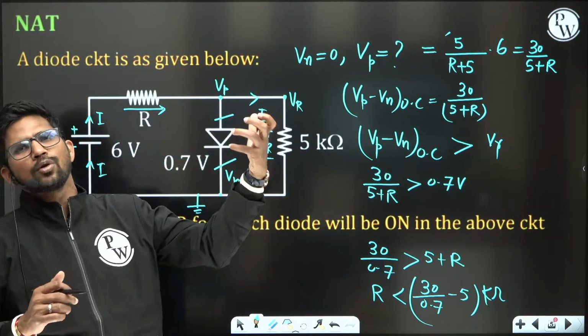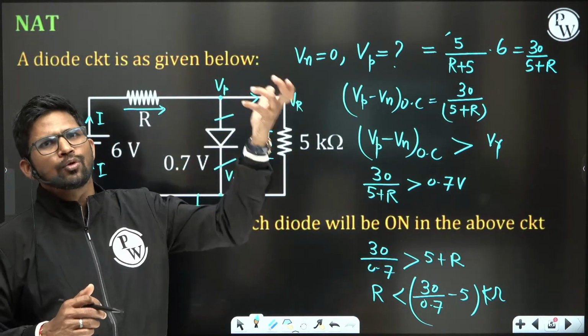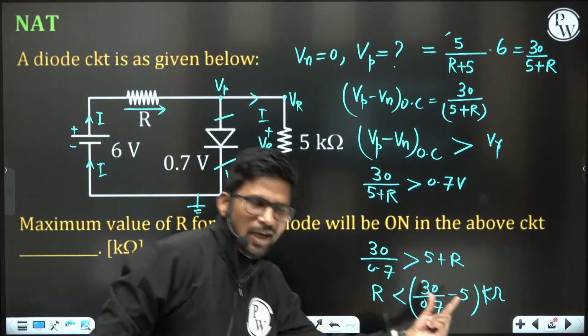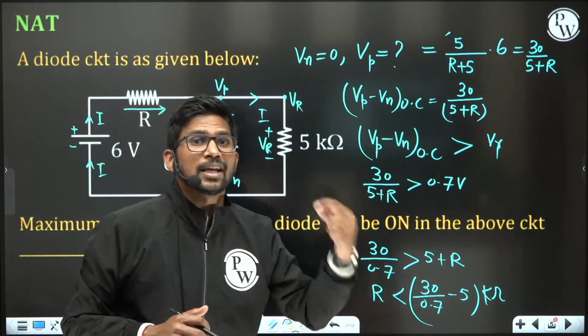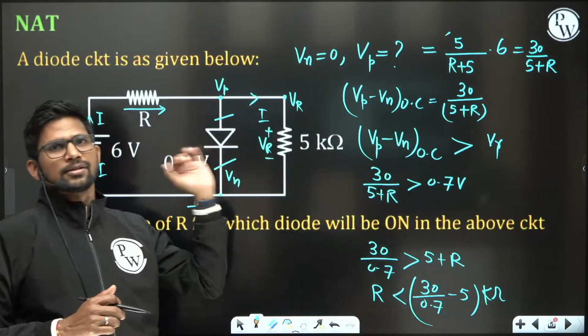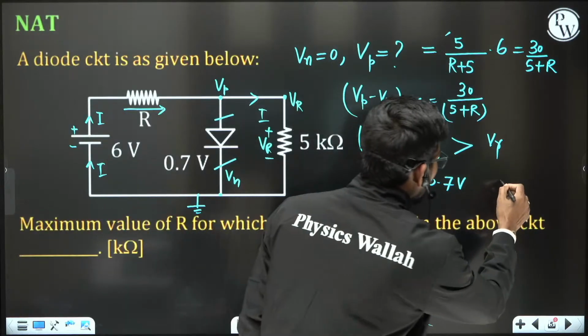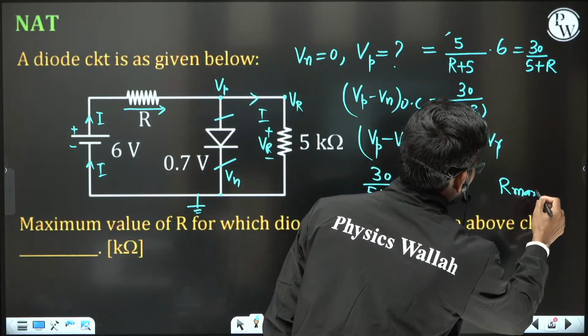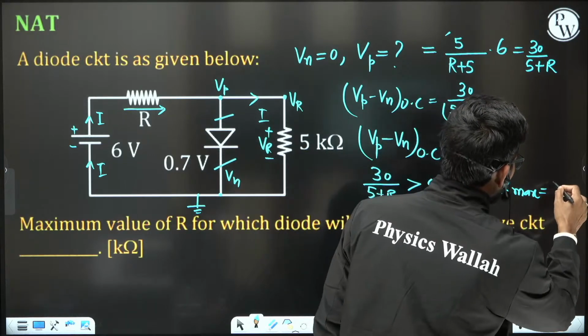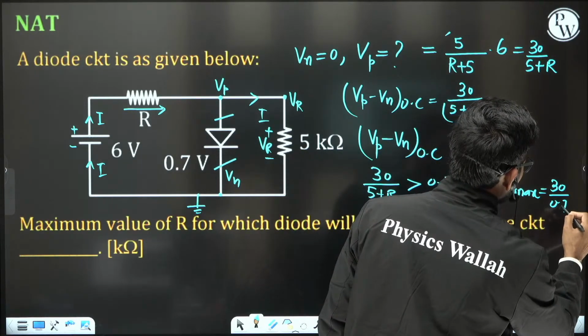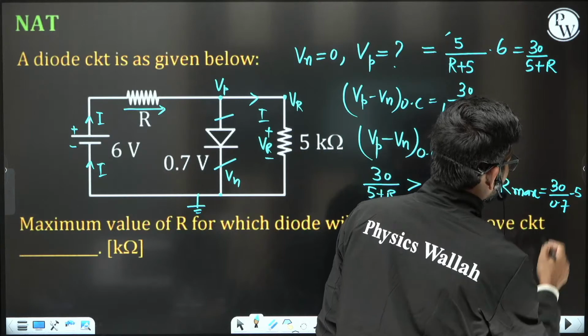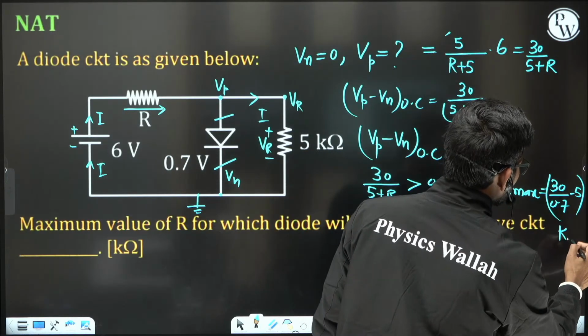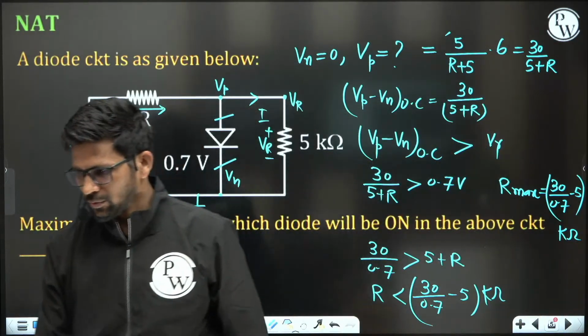What maximum value of R can you use to make this diode on in this circuit? Equal to this value. So R max is 30 upon 0.7 minus 5 kilo ohm. This is the value, and I can find out this value.